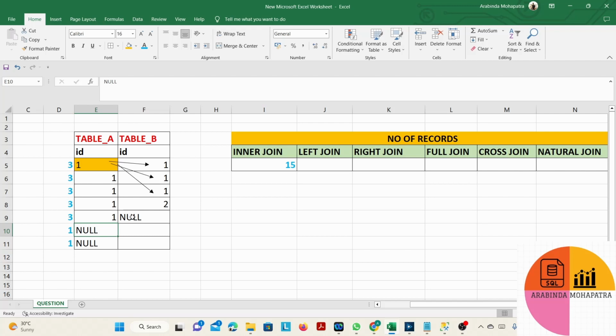So this null will not equal this null. These two additional records are not present in table B, and that's the reason it fetches two more additional records from table A. So here 15 plus 2 equals 17.